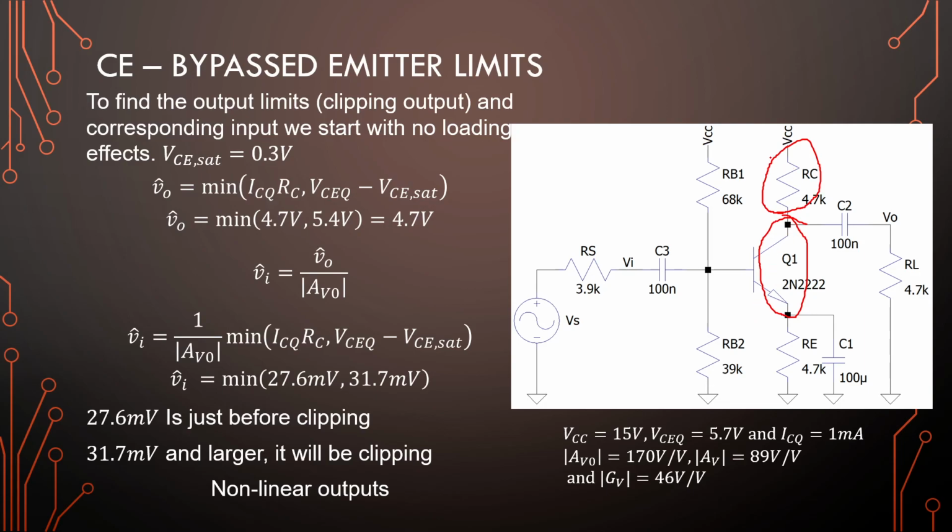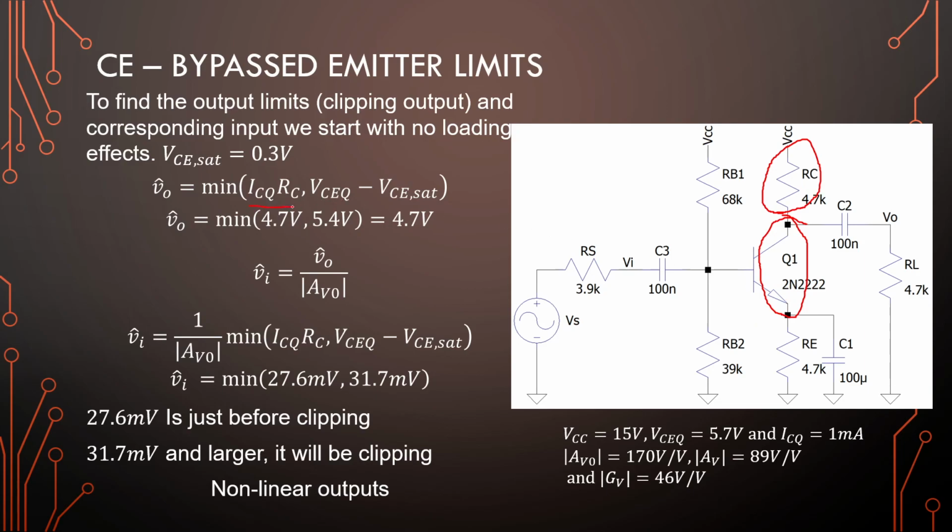With IC flowing, these two are both static, and when the voltages start moving, that is when we have our output swing. So the two elements we're looking at are ICRC and VCE minus the saturation voltage.